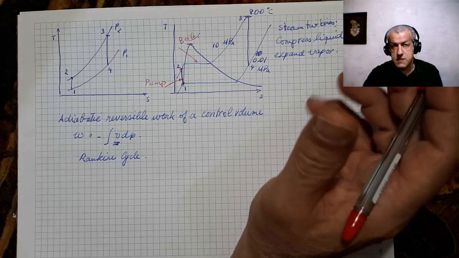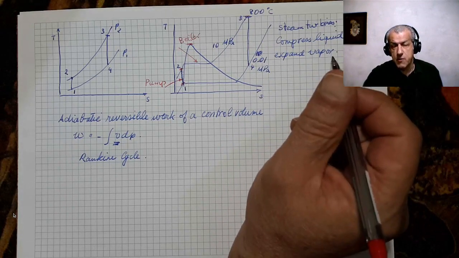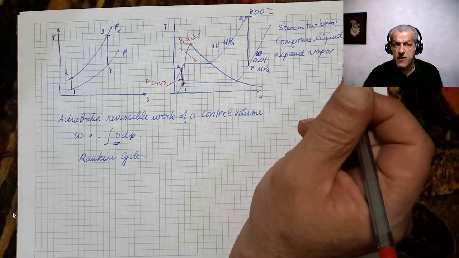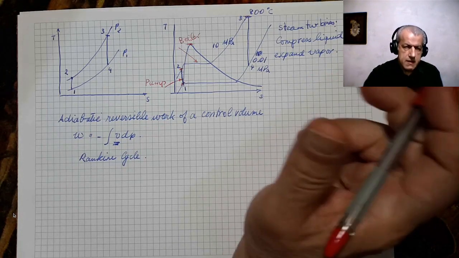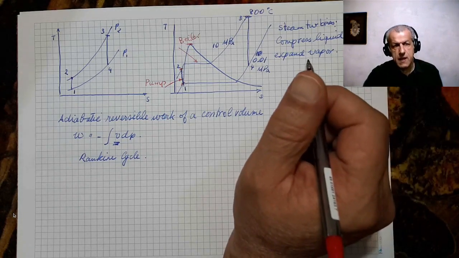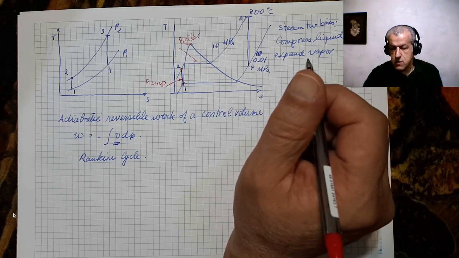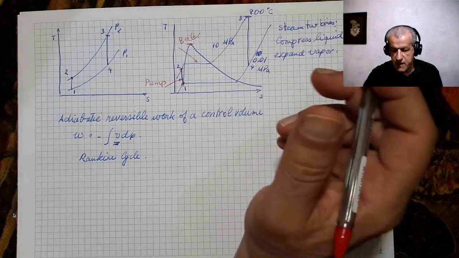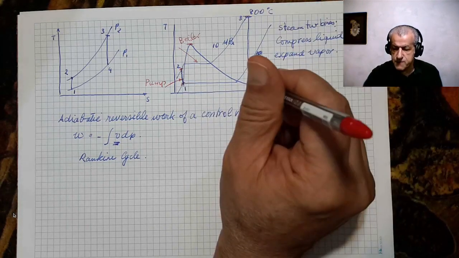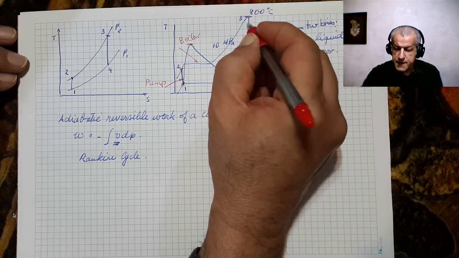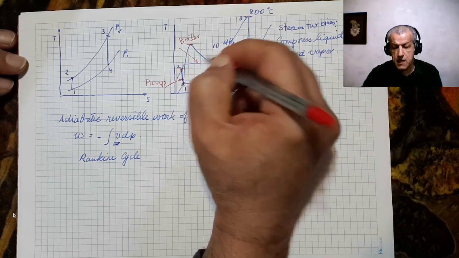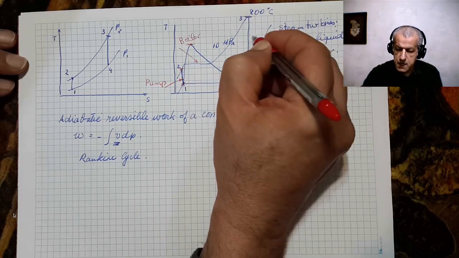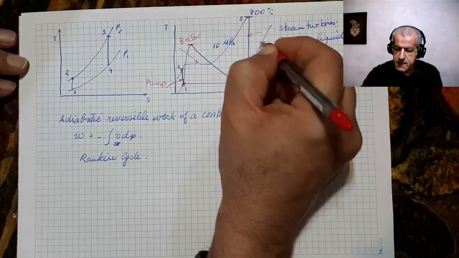The usual value for steam turbines is about 500 to 600 degrees C. But still, this is an example, and it's good to have different values, with higher values. Now, this hot steam, where its pressure is high and its temperature is high, expands in a turbine.